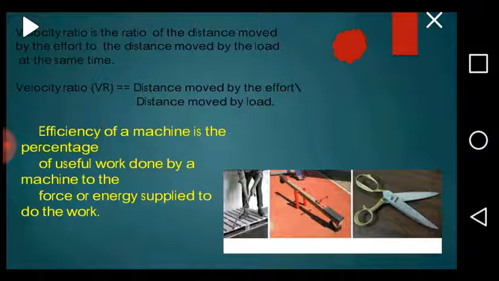For a perfect machine, the mechanical advantage must be equal to the velocity ratio. This means that there will be no friction in the machine. But in reality, the efficiency of a machine is less than 100% due to friction in the moving parts. Part of the force applied to the machine is used to overcome frictional force, and part is used to overcome the load.